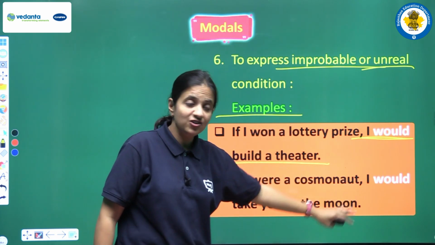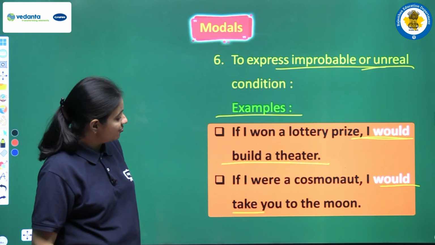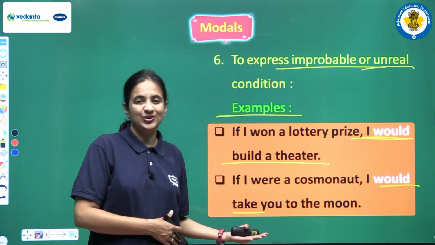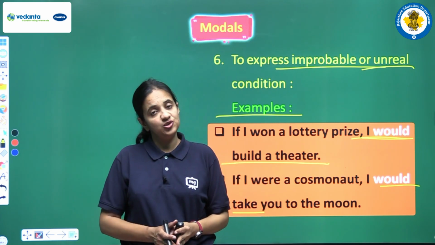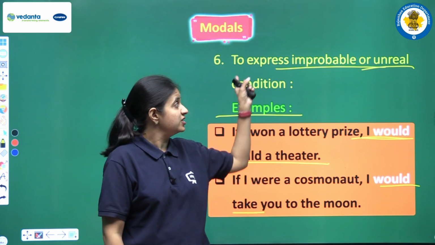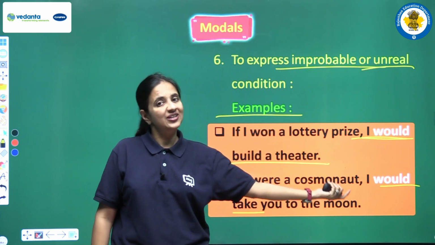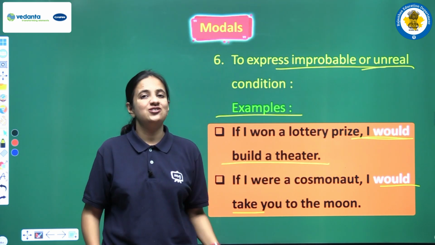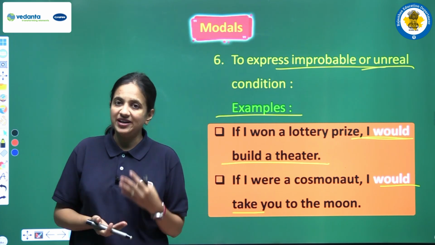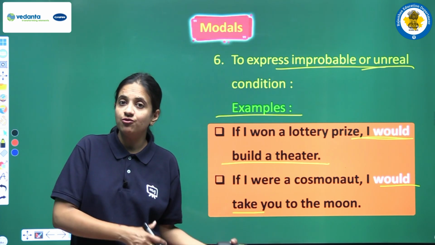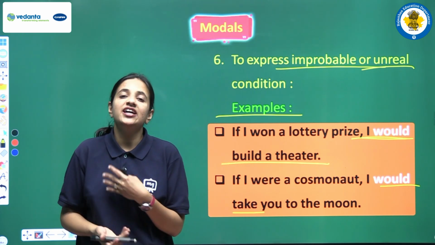And in the result clause we again have would plus first form, and we write that I would take you to the moon. Okay, so this is the structure of the conditional sentence when would is used, and the condition must be improbable, or we can say unreal. These are the uses of would as a modal. First of all I just want to repeat that would is the past form of will, just like shall, whose past form is should.